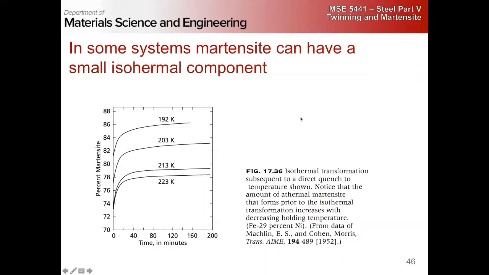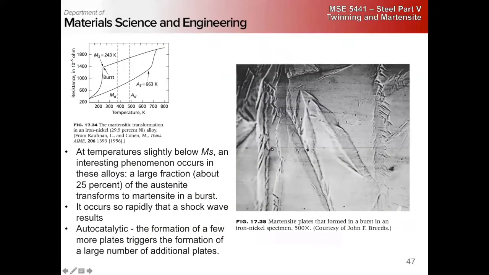Right? So in steels, something cool happens, which is this burst effect. Essentially, at temperatures slightly below martensite start, you get a large fraction that will transform in a burst, right?